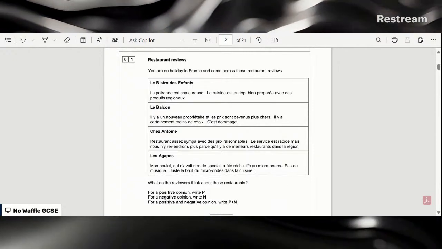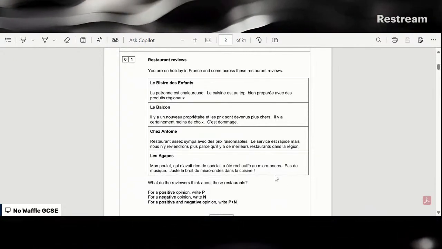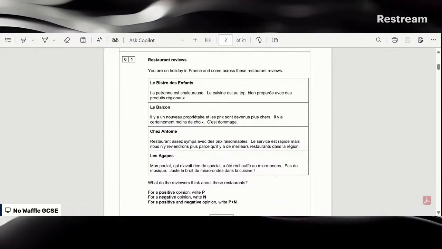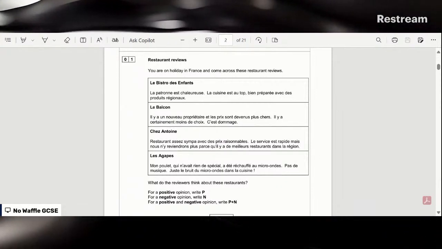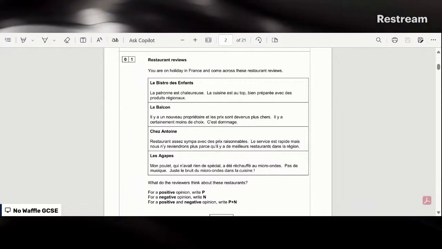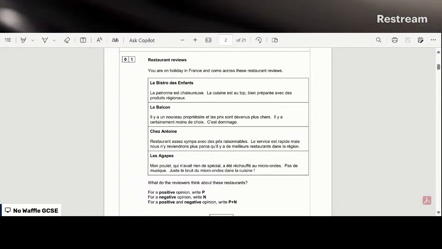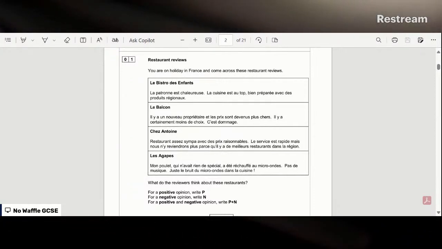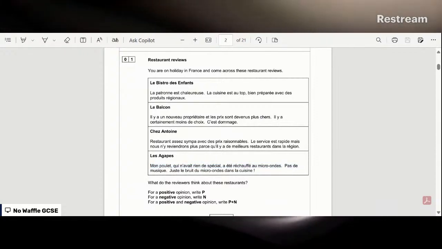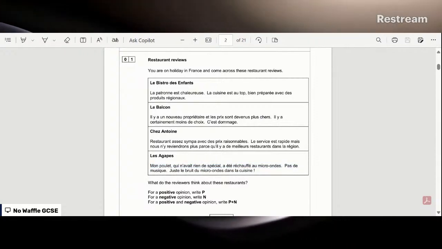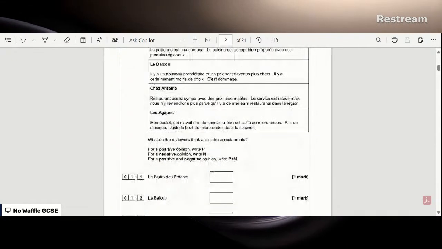There was no music, pas de musique, juste le bruit du micro-ondes dans la cuisine. So just saying there was just noise of the microwave from the kitchen. So that is also completely negative. Okay, moving on.